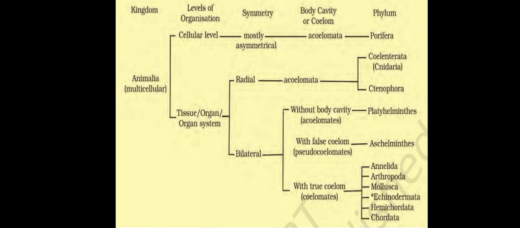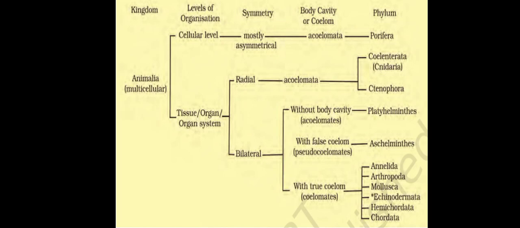First feature is levels of organization, which are mainly of four types. Cellular level of organization, seen in Phylum Porifera, and tissue, organ, and organ system, seen in other higher phyla.